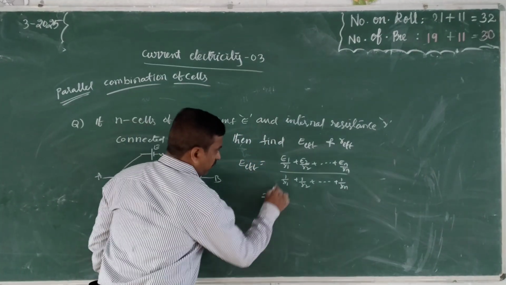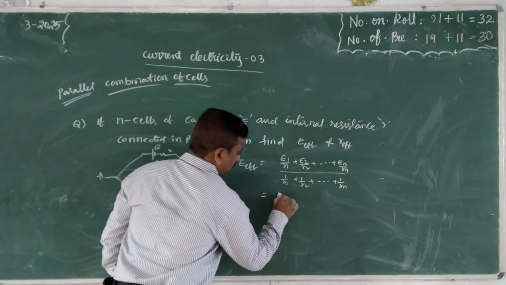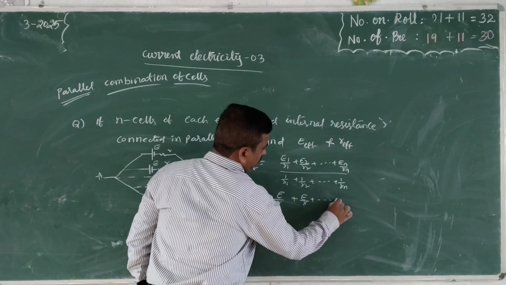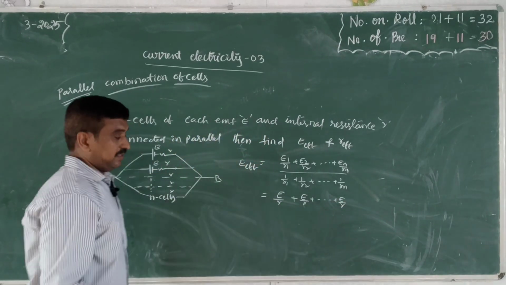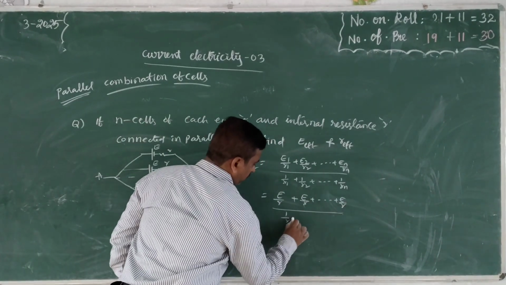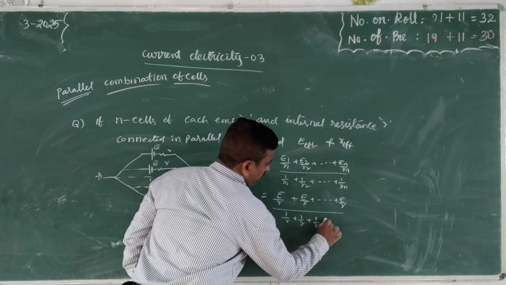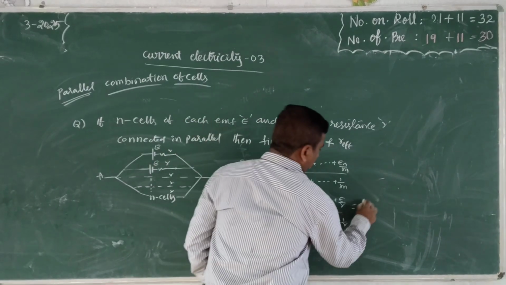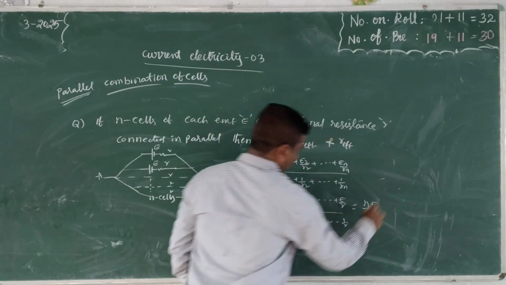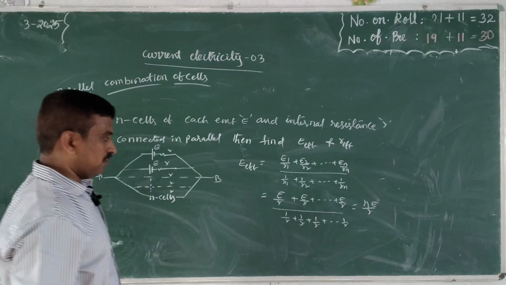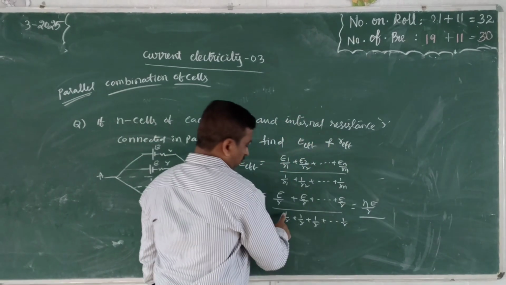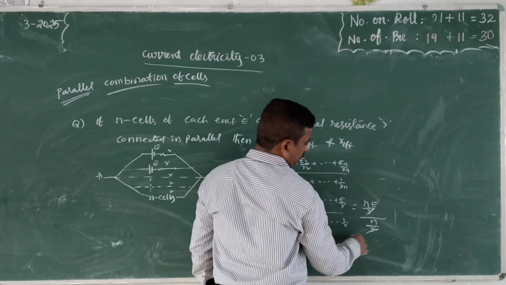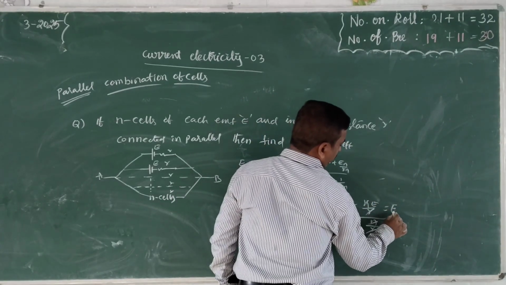Here each E1 is E by R, so E/R + E/R + ... N terms, divided by 1/R + 1/R + ... N terms. That gives NE/R in the numerator and N/R in the denominator. R cancels, N cancels, so the effective EMF is E.